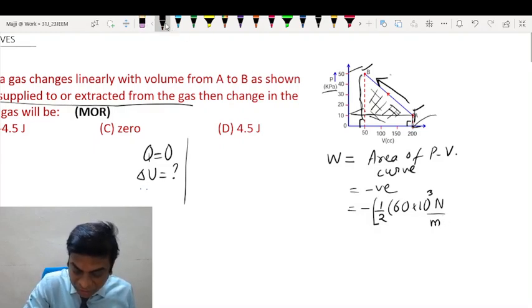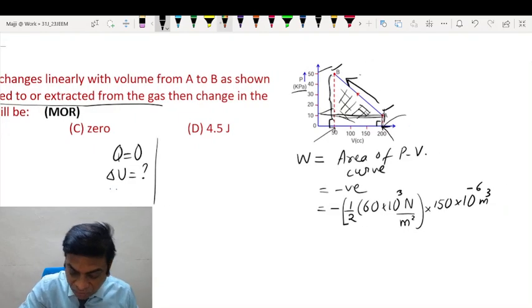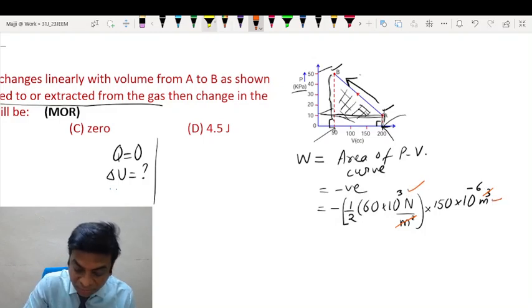So Pascal is Newton per meter square. Then multiplied by the perpendicular distance between them, which will be 200 cc minus 50 cc, that is 150 cubic centimeter. So cubic centimeter to be converted into meter cube by multiplying by 10 power minus 6. So meter square gets cancelled. You are left with Newton meter, which is joule.